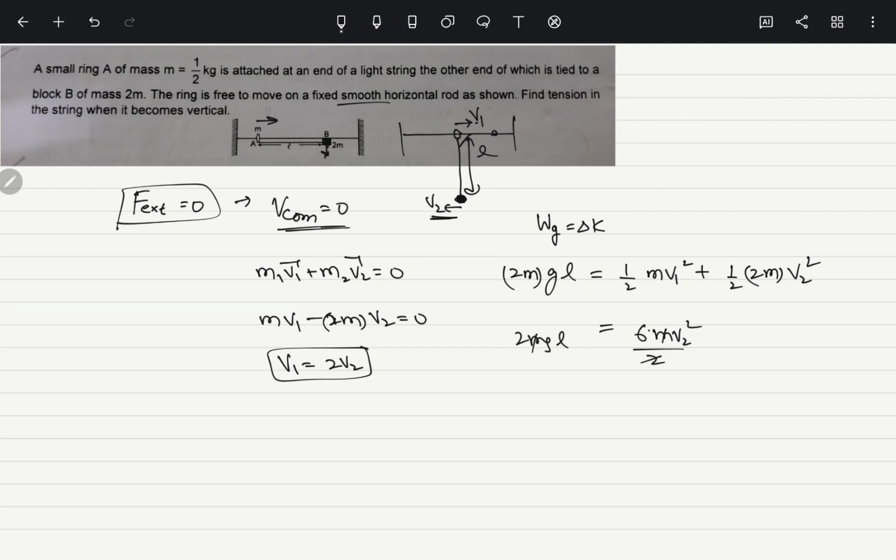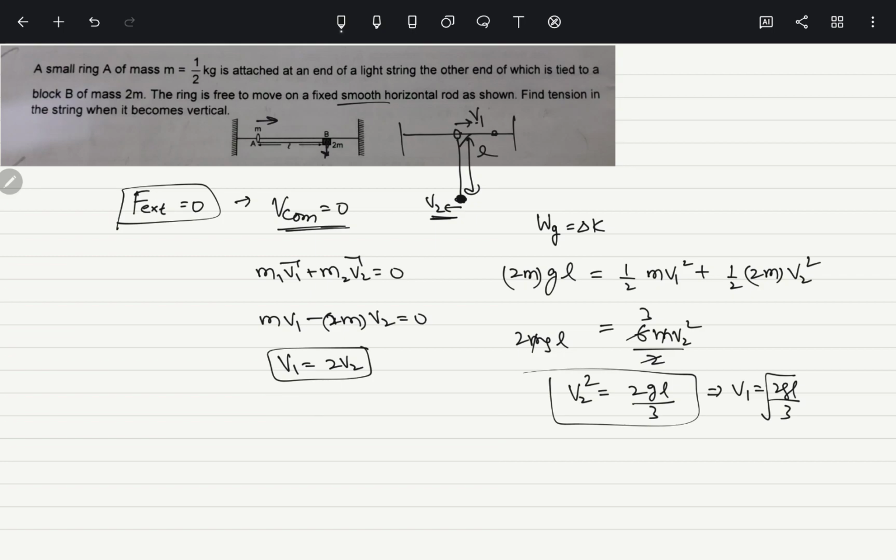The m cancels, this is 3, so v2 squared we get as 2gL by 3. Then v1 will be 2 times v2, right? So let's keep it like this.